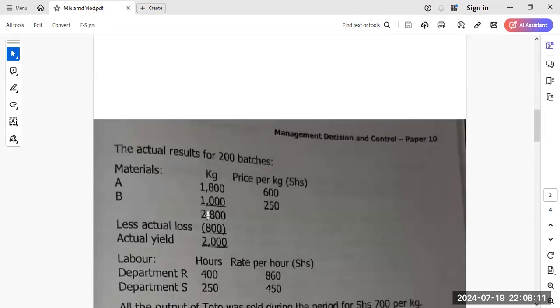Then multiply by actual kgs before the loss, which is 2,800.